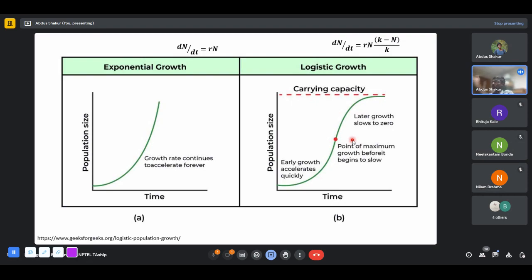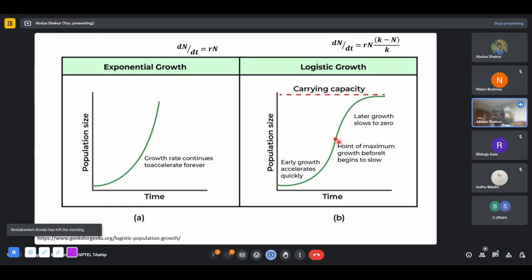That is where this logistic growth model comes in. If you have a graph of how the population is changing with time, that can be derived from this equation. So when the population size is somewhere around half of the carrying capacity, you will have the population growing at the fastest speed.